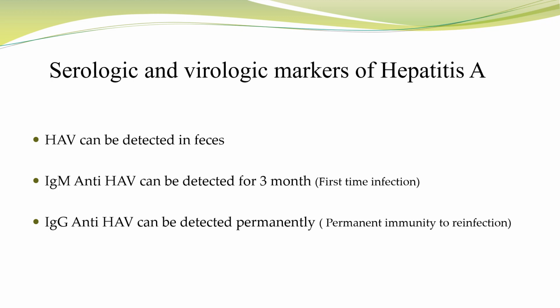And also, IgG anti-HAV can be detected permanently after the acute phase of the disease. It means hepatitis A creates permanent immunity after one-time infection.